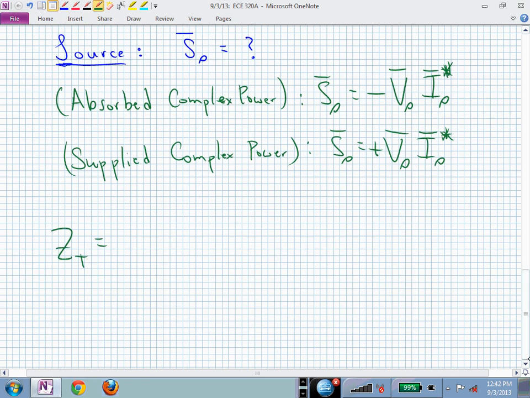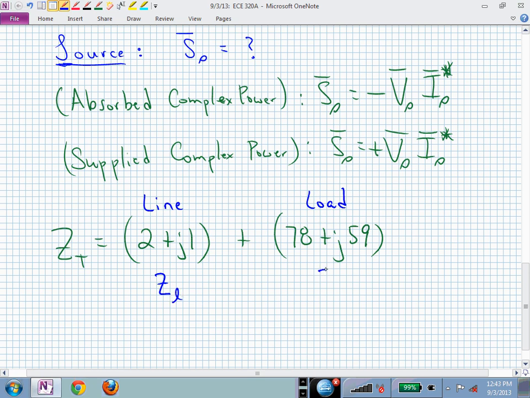I now have the line impedance, which is 2 plus J1, plus the load impedance, which is 78 plus J59. Here's the line, and here's the load. Or this, I might say, is Z sub L, little lowercase l, and this is Z sub capital L.